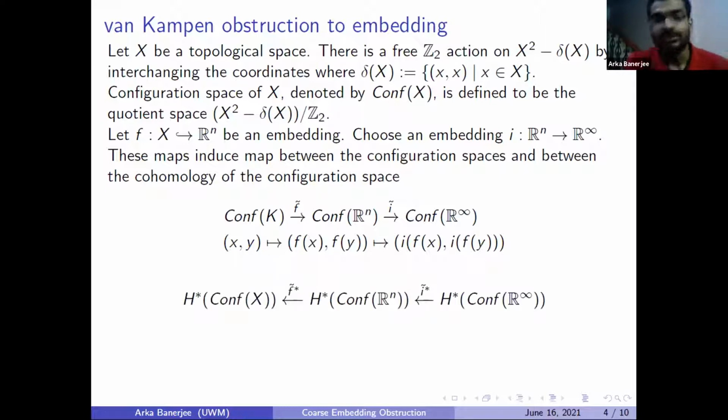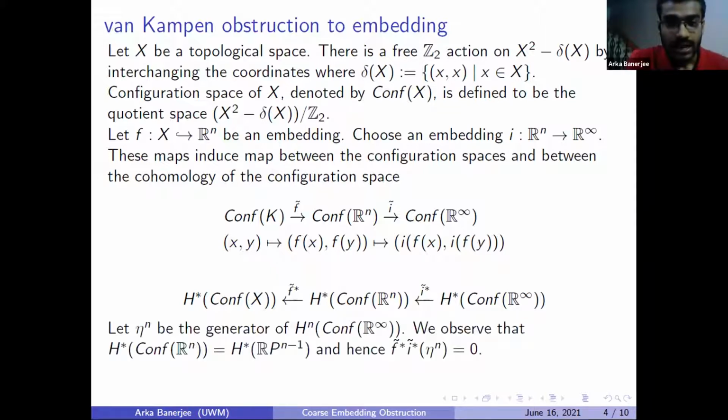And once you have maps between the spaces, you can look at the induced map in the homology of these spaces. Okay, so I have this composition of maps going from homology of configuration space of R infinity all the way to homology of configuration space of X. Now this configuration space of R infinity is the same as RP infinity.